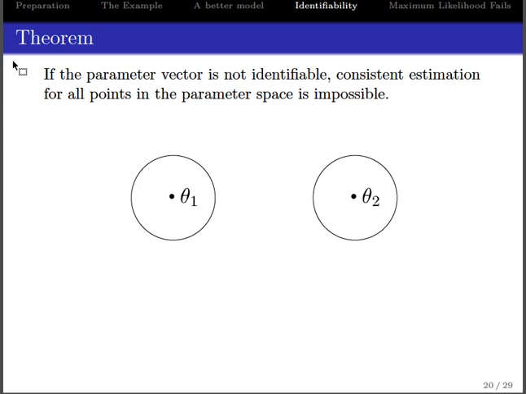It would be nice if you knew what consistent estimation is from some other course, but consistent estimation is a large sample property of a statistical estimator, which says that if you take a tiny little interval or region around the true parameter value, and you look at what happens to the probability distribution of the estimator as the sample size approaches infinity, then more and more of the probability distribution of the estimator gets concentrated in a little neighborhood around the true parameter value.